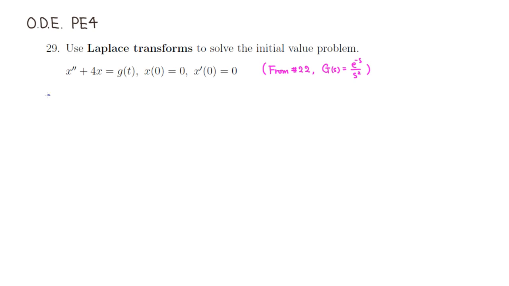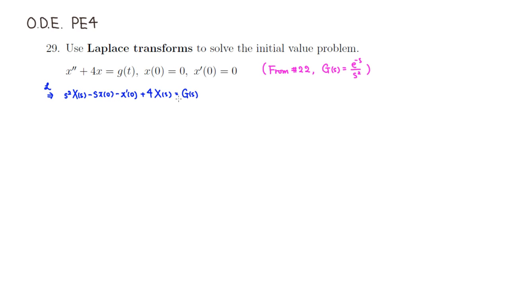We're going to apply the Laplace transform to this differential equation. You get s squared capital X of s minus s times x of 0 minus x prime of 0, plus 4 times the Laplace transform of x, which is capital X of s, is equal to the Laplace transform of g of t, which is capital G of s.